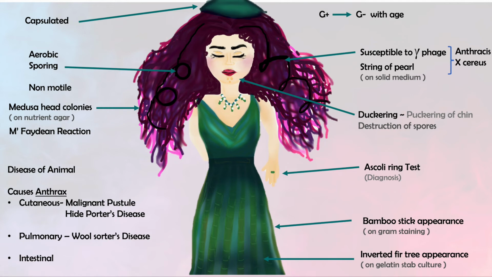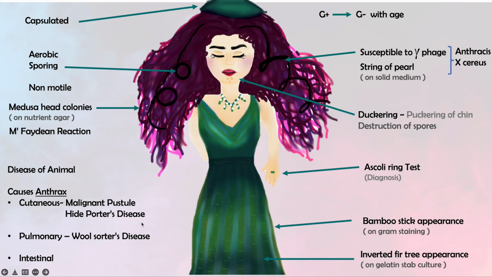So, as it says in Greek mythology, whenever Medusa locks eyes with someone, that person turns into stone. In this case, we can imagine whenever our Bacillus anthracis Medusa locks eyes with someone, that person is covered with pustules. And when this malignant pustule was seen in dock workers, where they used to carry animal products on their back, it was called Hide Porter's disease.